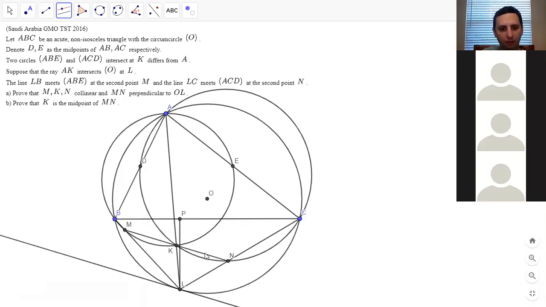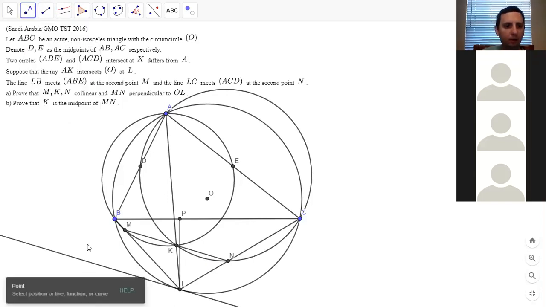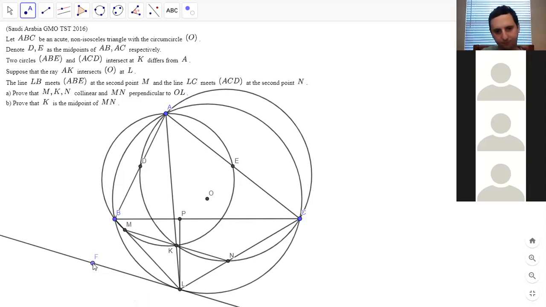You take an arbitrary point F on that line. So we need to prove that LF, LK, LB, and LN is a harmonic bundle, right? Then it will finish the proof.